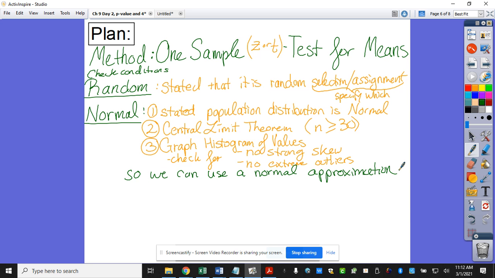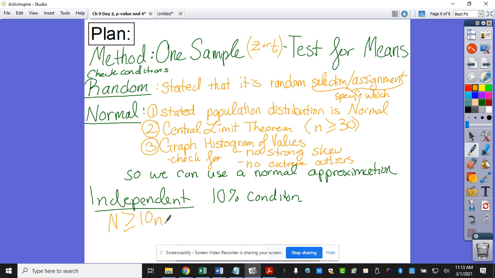And then what is our last condition? What do we check for independent? 10% condition. Which is capital N being greater than or equal to 10n, and then you write there or at least dot, dot, dot.